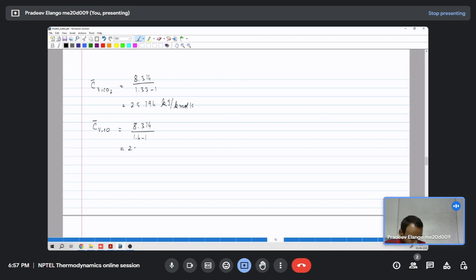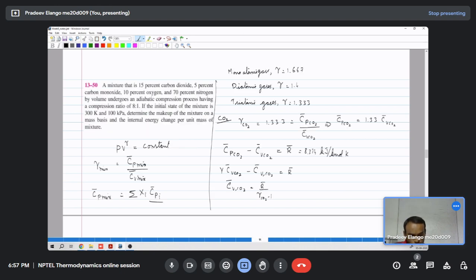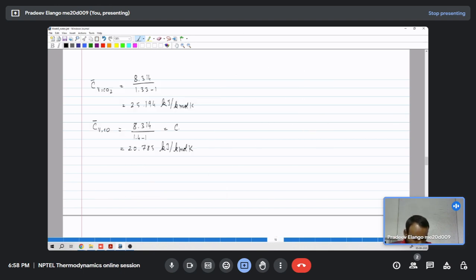That is 20.785 kilojoule per kilomole Kelvin. So for all the diatomic gases this will be the same, that is for Cv of nitrogen and Cv of oxygen.